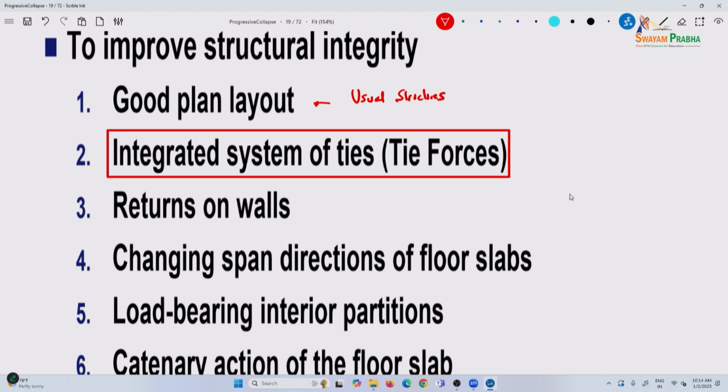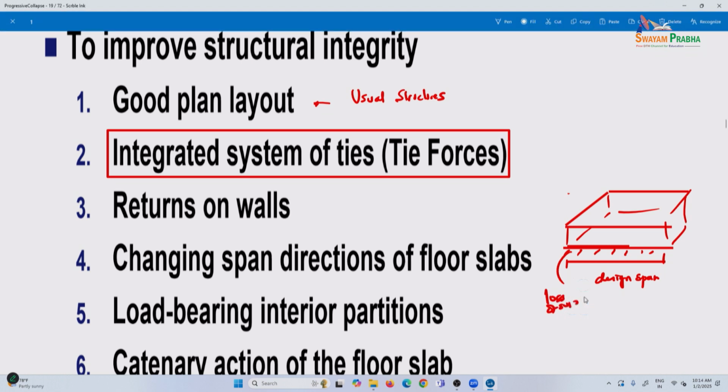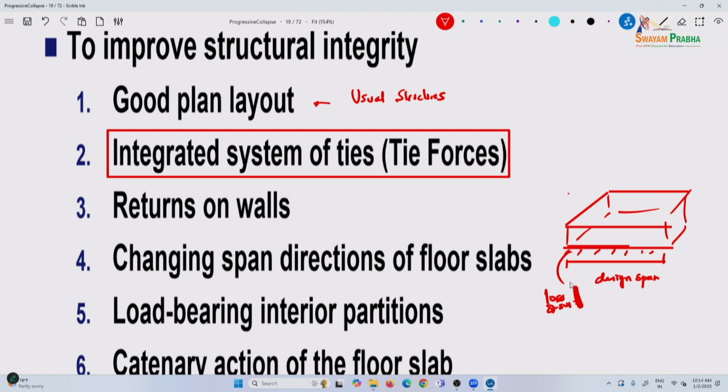So, for example, if you have a slab, and let us say this is your slab and this is the design span, if you lose the support here, the span direction changes.